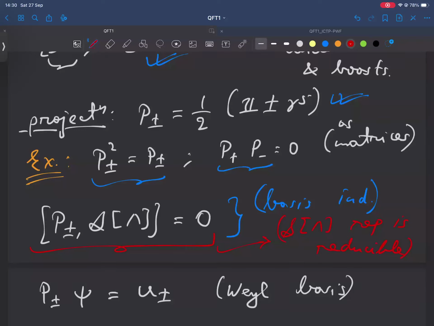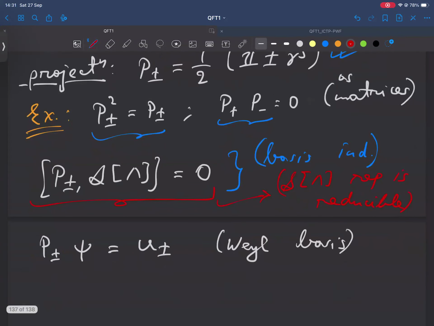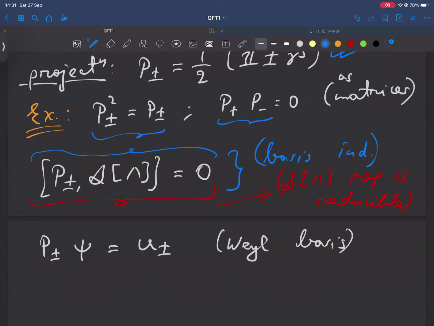At first we saw this explicitly in the Weyl basis, and now I am giving you the rigorous definition of a representation being reducible, and it means that you will be able to find projection operators that satisfy these commutation relations. If this feels too abstract, forget about all this.